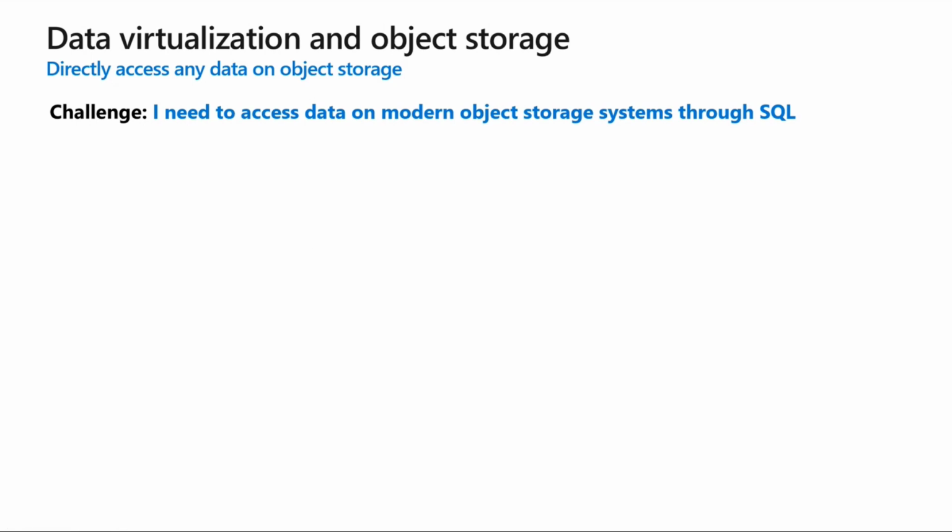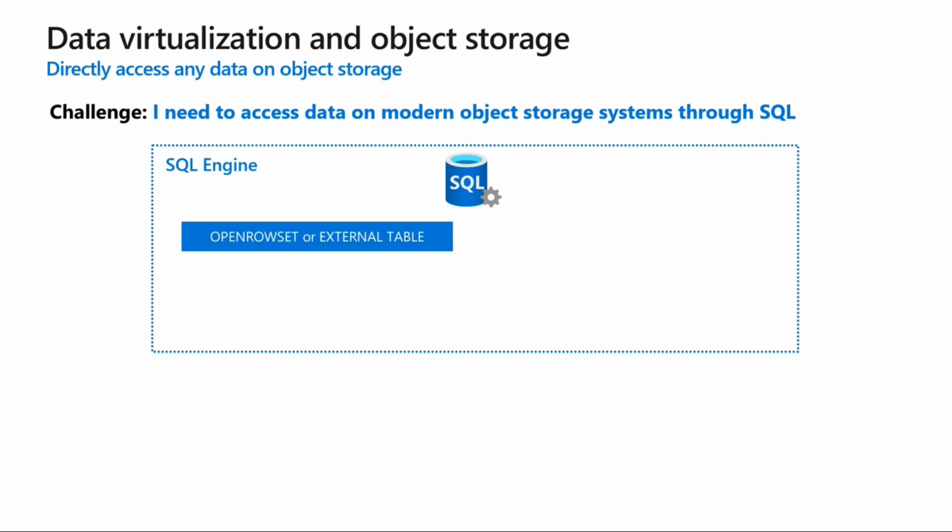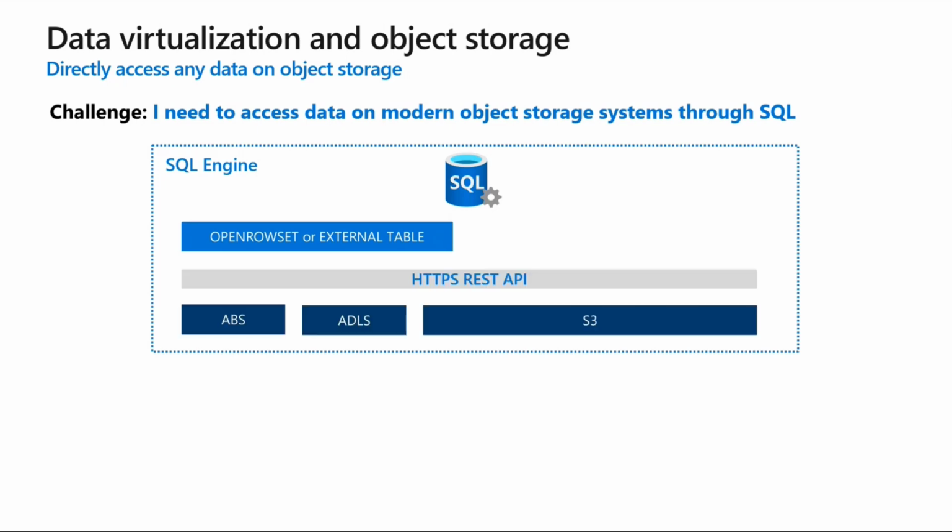Then, something really, really interesting that today we see in Azure SQL Database, Managed Instance, and also in Synapse is the possibility of being able to access a modern object storage system through SQL Server 2022, right? Initially, we have this feature called Polybase, which allows us to get out of SQL Server, create external tables, and go to external database systems.